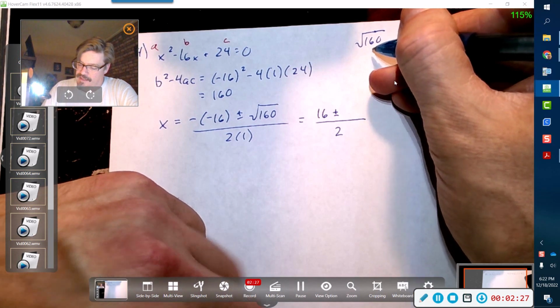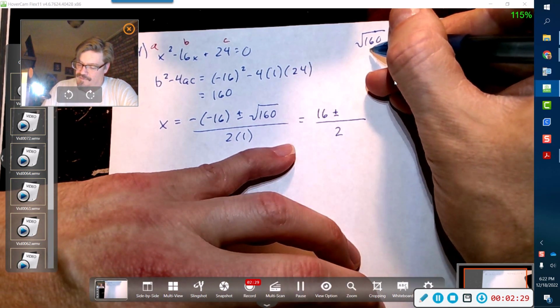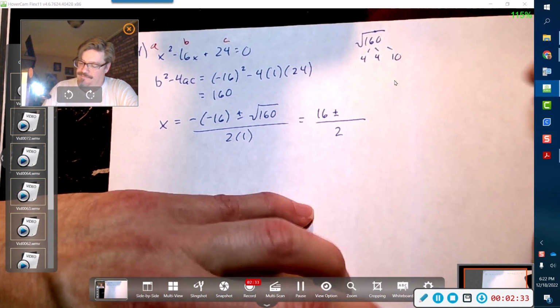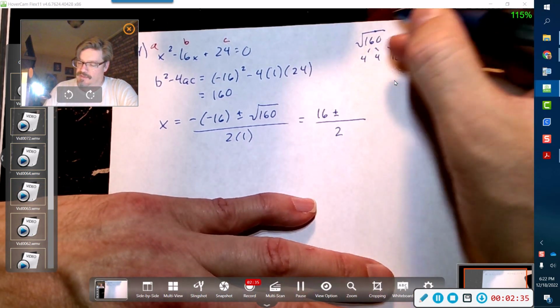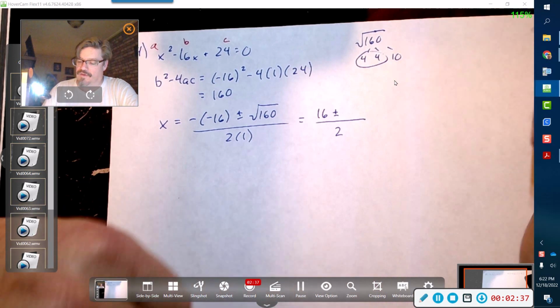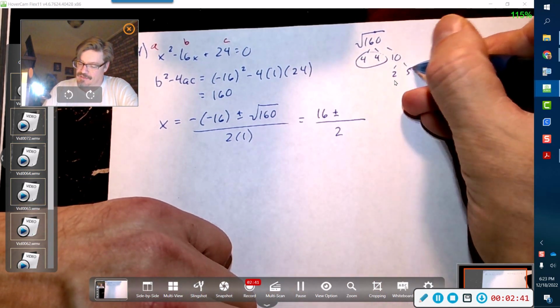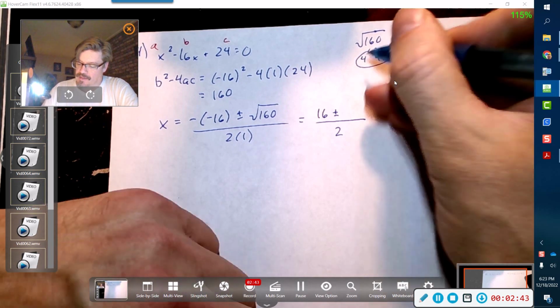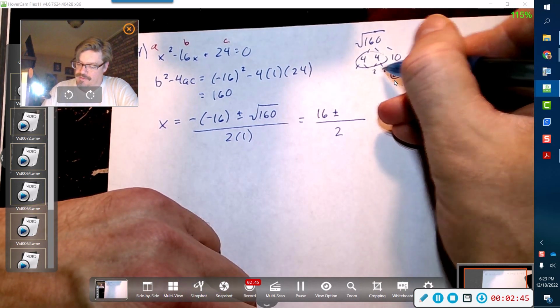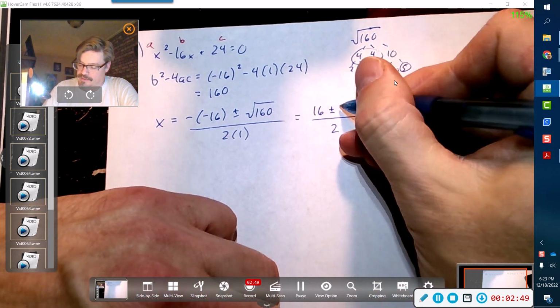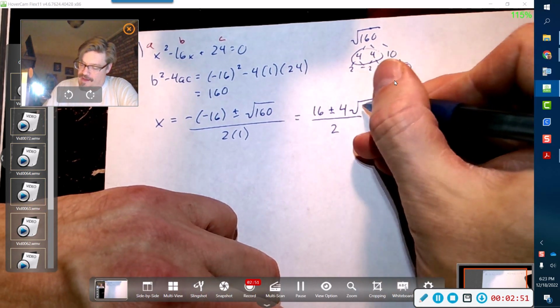That's 4 times 10, so 16 times 10. There's a pair of 4s that I can take out immediately, and then I'll have a 10 left over, because inside 10 is just 2 and 5. So there's a pair of 2s in each one of those, and taking out two 2s would give me a 4. So 4 is coming out, and I have radical 10.